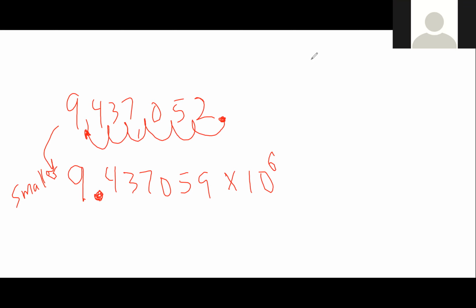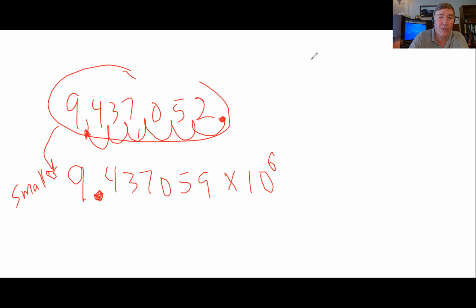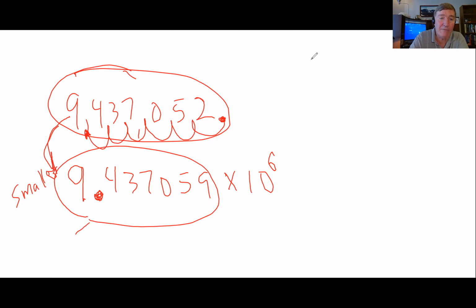Wouldn't it be -6? Well, let's think about it. So this number right here was a really big number. So when I put it down here, what I'm left with is a number that's a heck of a lot smaller than what I started with. So if I want these two numbers to equal each other, I better take this really small number and multiply it by something big, because otherwise it's not going to work.